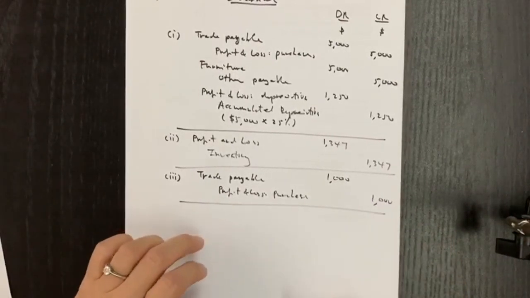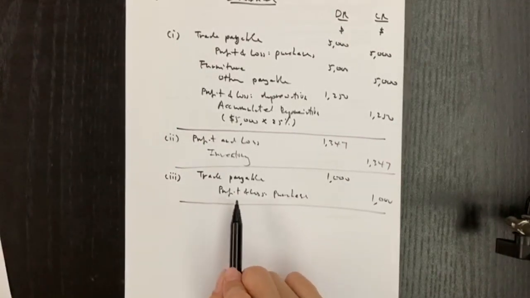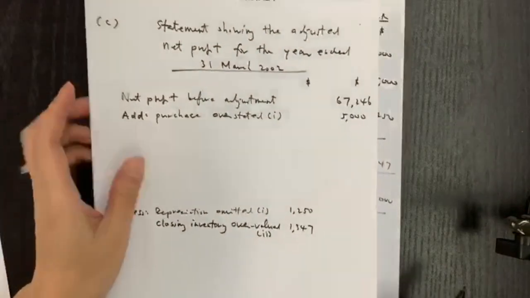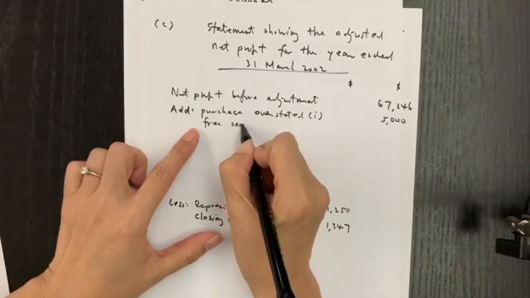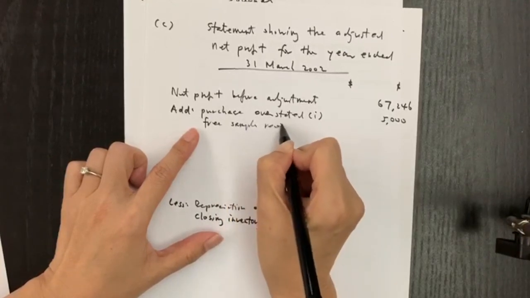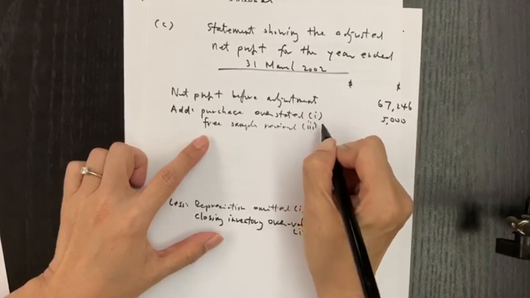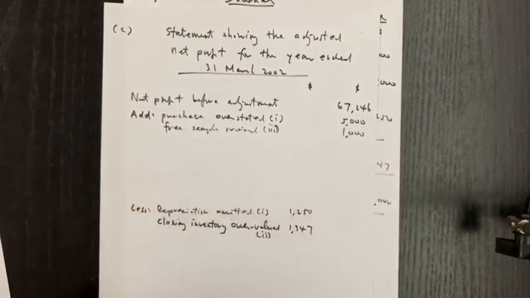Okay, so this is the answer to correct the mistake. Therefore here, credit profit and loss, which is positive in the profit and loss, so we add this 3 sample received. Okay, so this is related to point number 3. Okay, and that is 1,000. Okay.